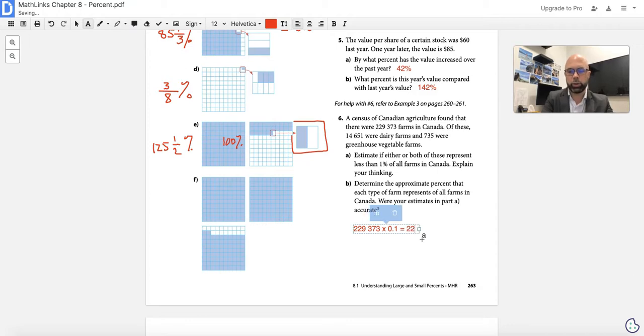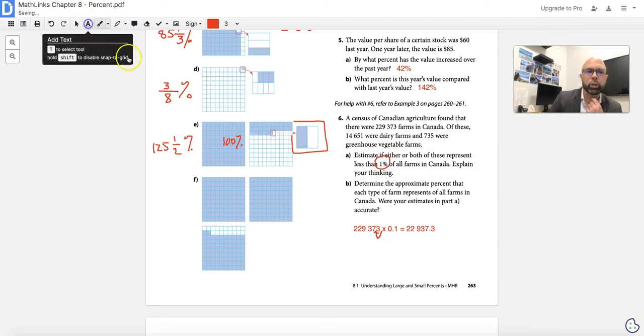And basically all I'm doing is moving the decimal one spot to the left, right? The invisible decimal goes from here to here. And that's how it becomes 22,937.